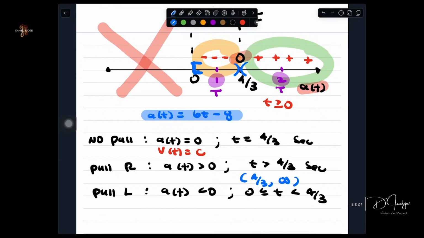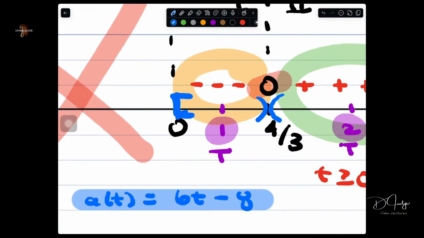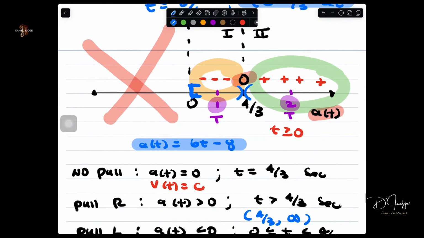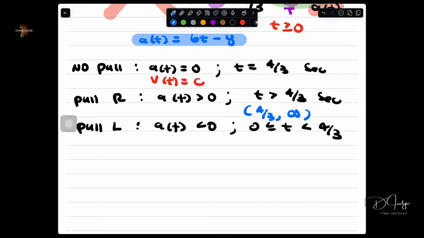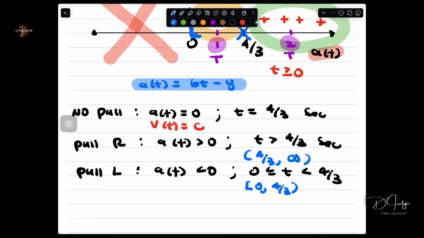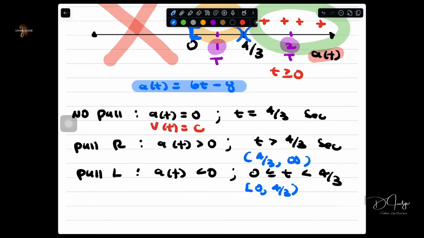And you say, why? Well, you don't have a 0 above 0. It's only above 4/3, so that means it's negative. Okay. In terms of interval notation, you have a closed bracket around 0 and an open parenthesis around 4/3. And, let's just color coordinate everything.